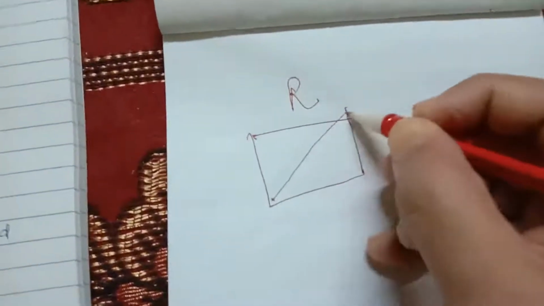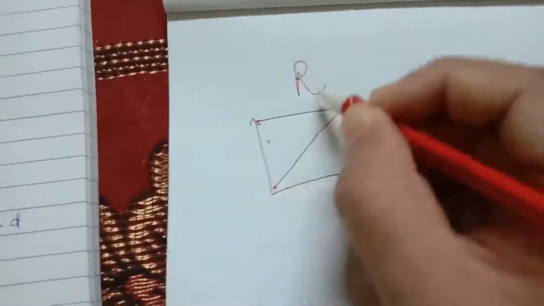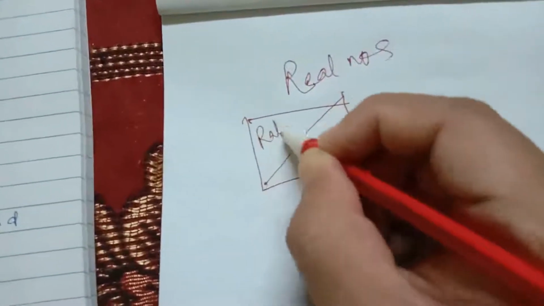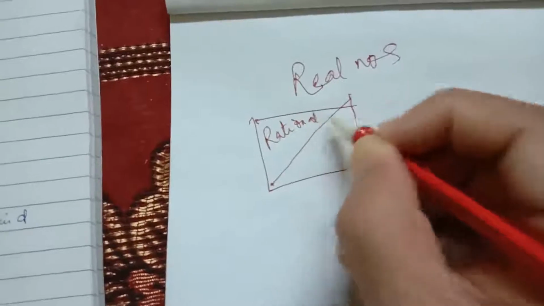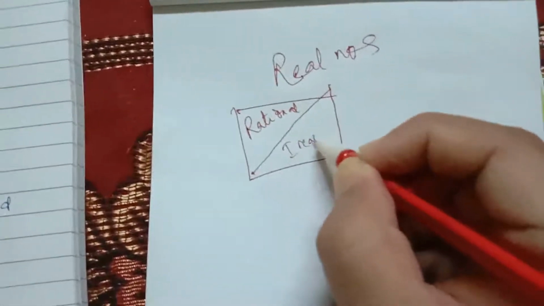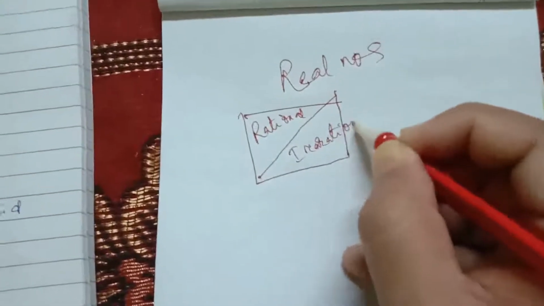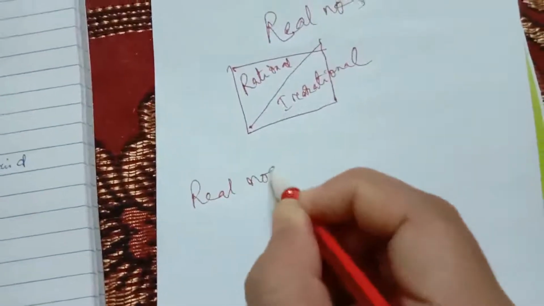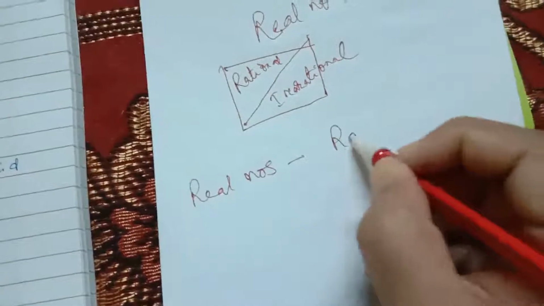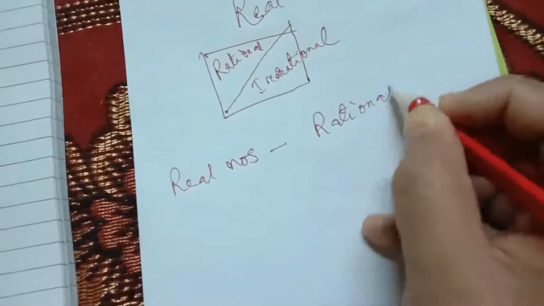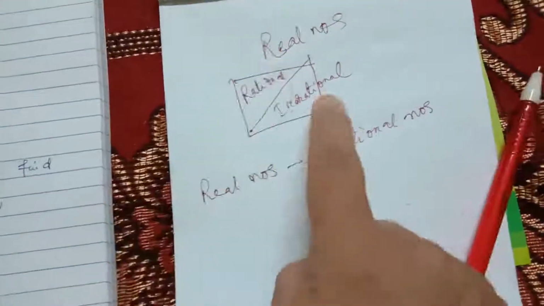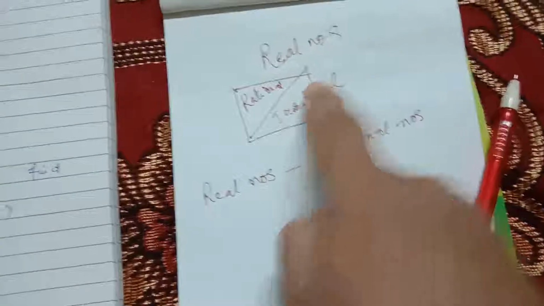Real numbers can be divided into two parts: rational, irrational. From the set of real numbers, if we remove the set of rational numbers, we will be left with the set of irrational numbers.